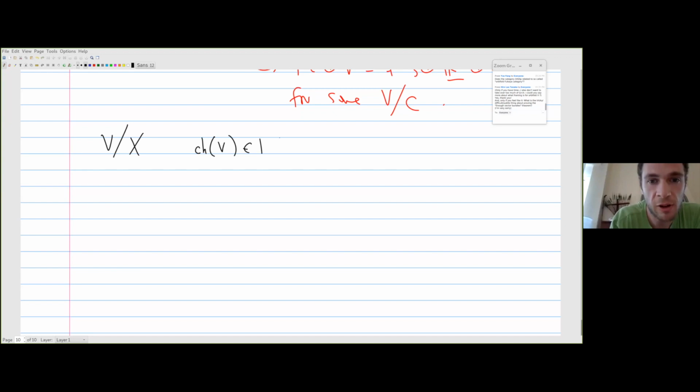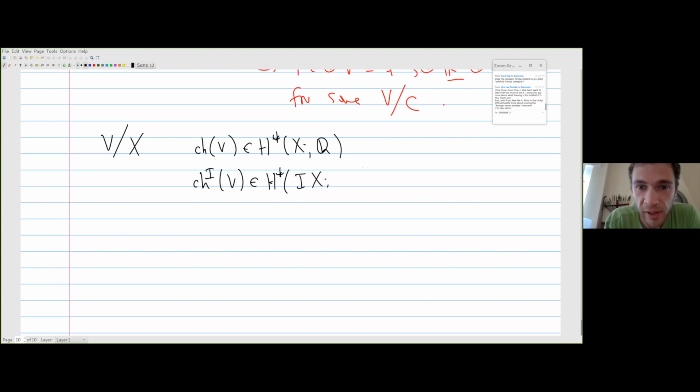This is something in the cohomology of X with coefficients in Q. There's something which I sort of want to call the Chern character, but I'll instead call it the inertial Chern character. It's in the cohomology of the inertia stack of X.